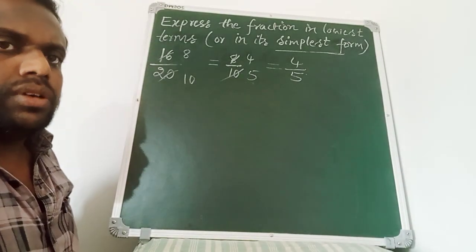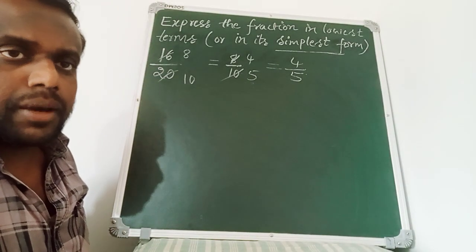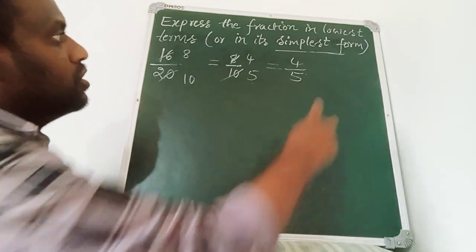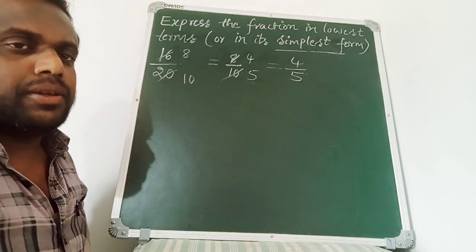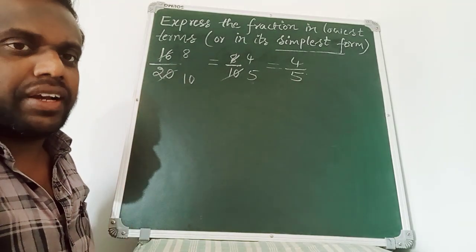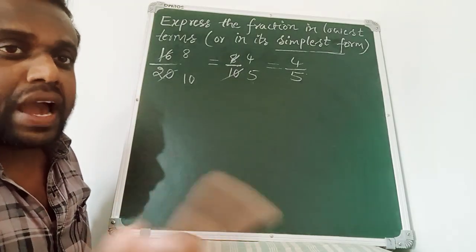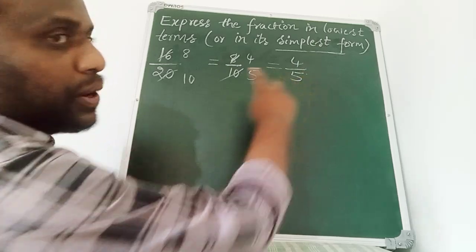Now again think about a single number that can divide both 4 and 5 completely. Here the point is very important: except 1. You may ask me, 1 can divide 4 and 5 completely.